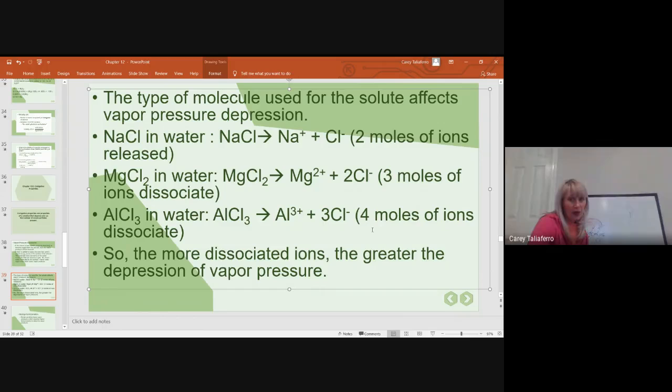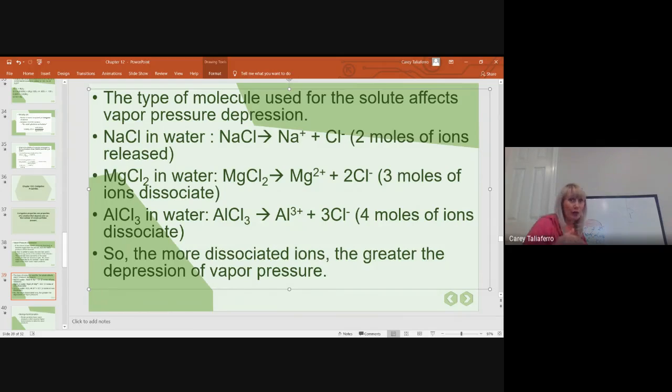And the way that works is if you have more and more ions occupying your water in your solution, then you're going to have fewer and fewer water molecules on the surface, because they're having to share a lot more space with those ions that have dissociated.